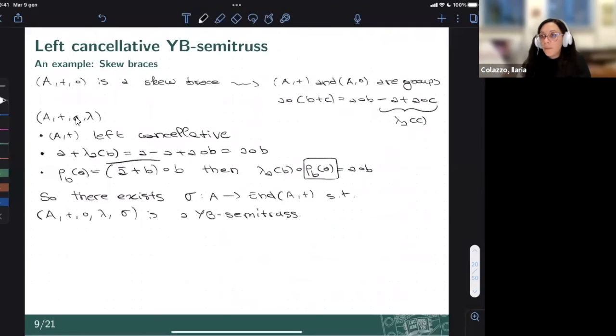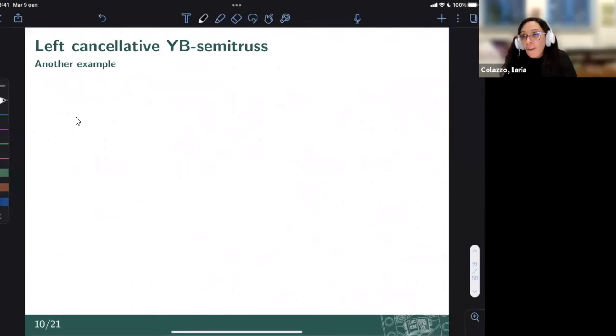We can say more. We know that these sigma maps are bijective because the solution associated to a skew brace is bijective. But if we can compute these sigma maps, sigma B of A is nothing but minus B plus A plus B. But the question is, are all left cancellative YB-semitrusses skew braces, or something like skew braces in which the additive structure is a group and the multiplicative structure is a group?